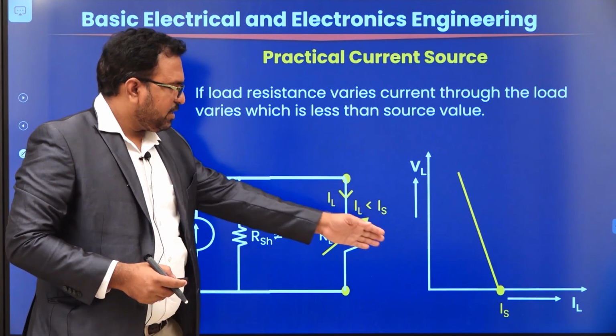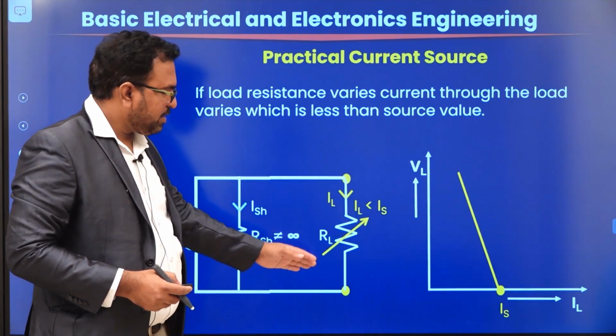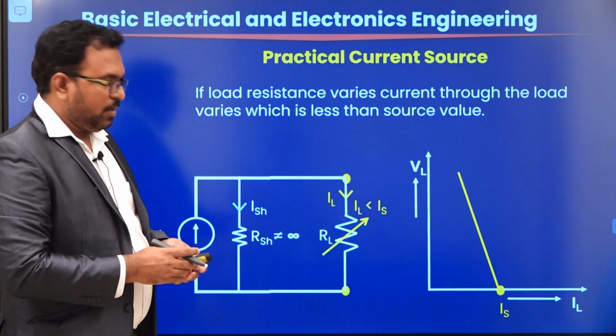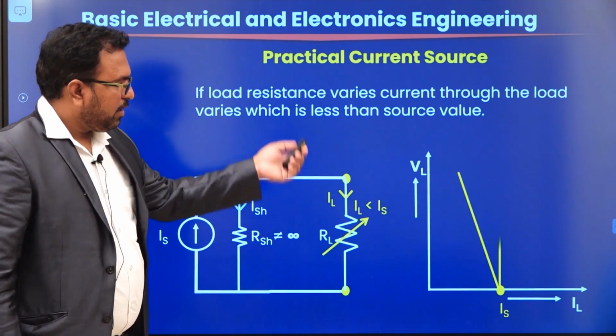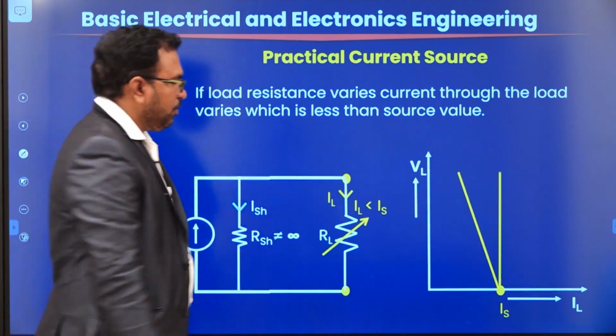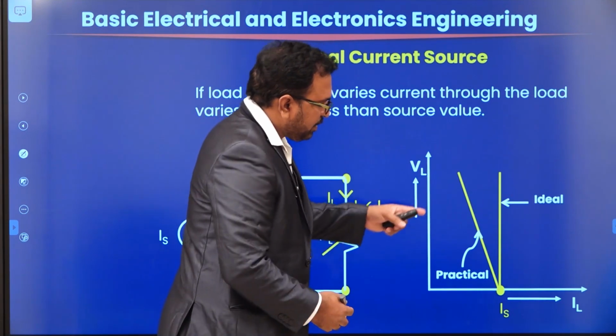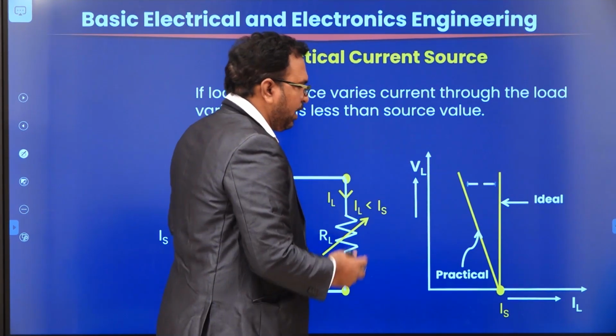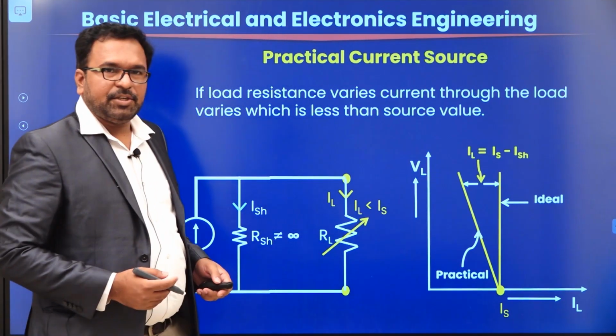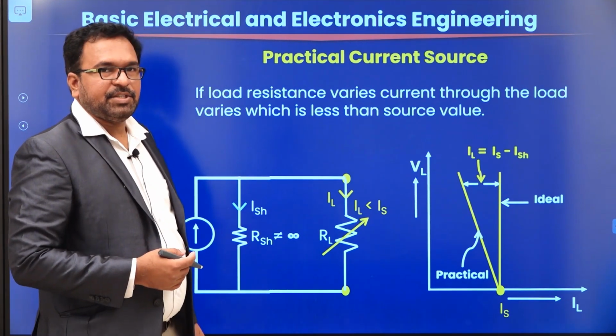If I increase the resistance, the current reduces. If I decrease the resistance, the current increases. But it will not remain constant like the ideal current source. So this is the practical and this is the ideal source. The difference is nothing but IL is equal to Is minus ISH.